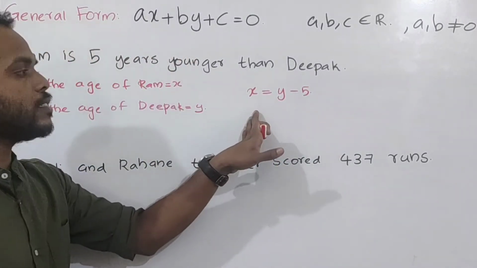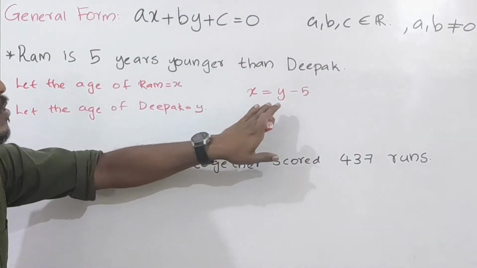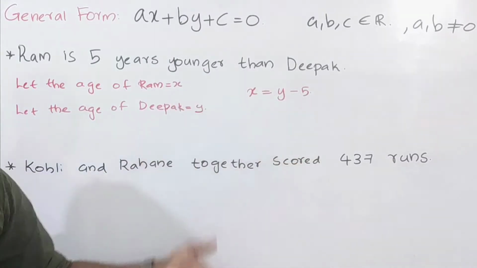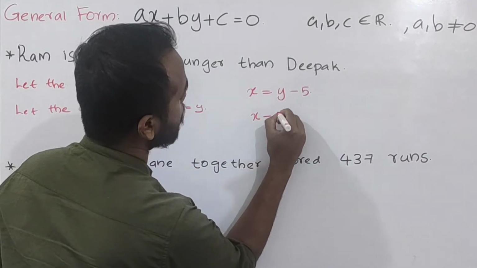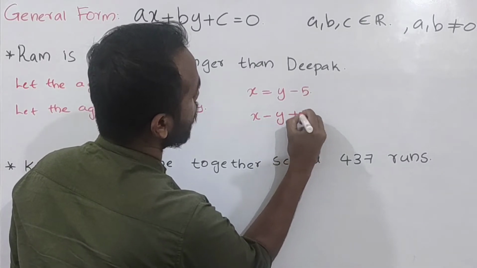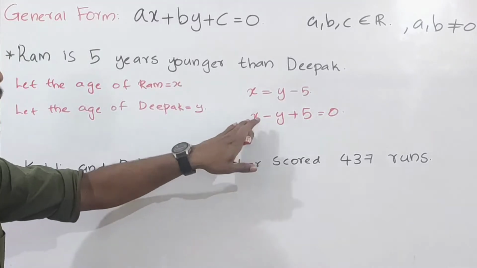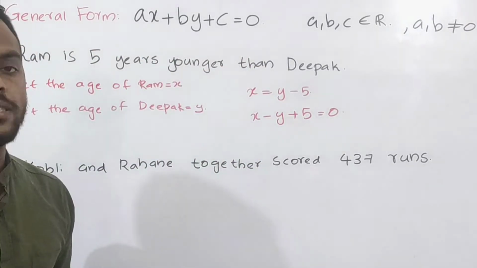So this is the equation corresponding to the statement that is provided to us. Now is this of the form ax plus by plus c is equal to 0? No, we can easily convert that. Let's see how. So it will be x minus y plus 5 is equal to 0. So this is an equation corresponding to the statement that is provided to us.